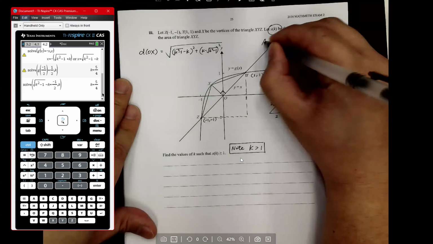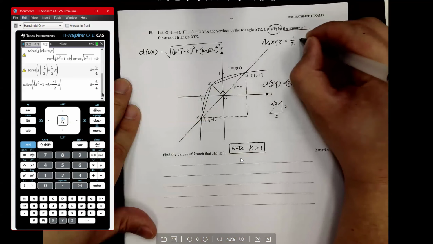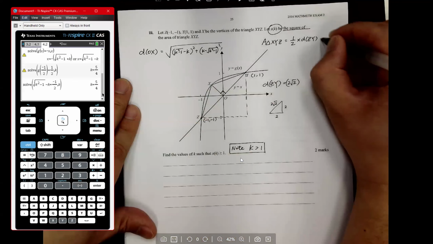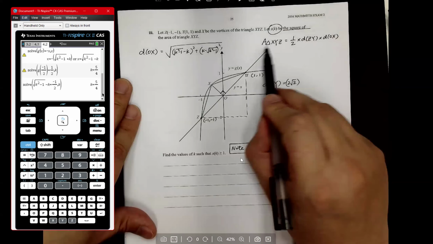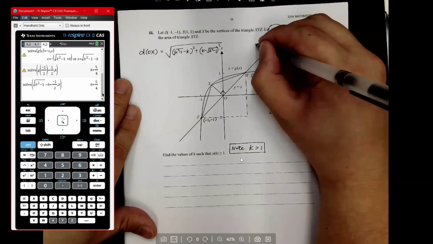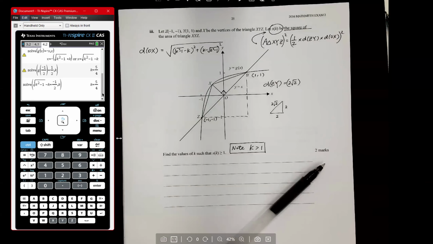So the area of triangle XYZ equals half times distance ZY times distance OX. Then I just square everything to get this S of K, all right? Let's do it.